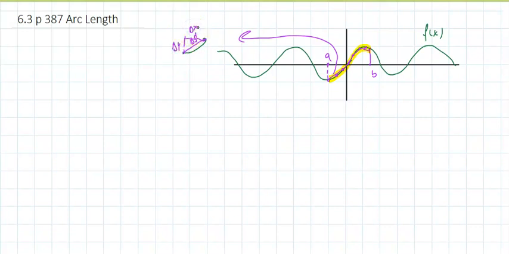And if I look at this piece, let's say right here, the piece looks like this. This is really what I'm trying to find. What I'm using instead is a straight line.